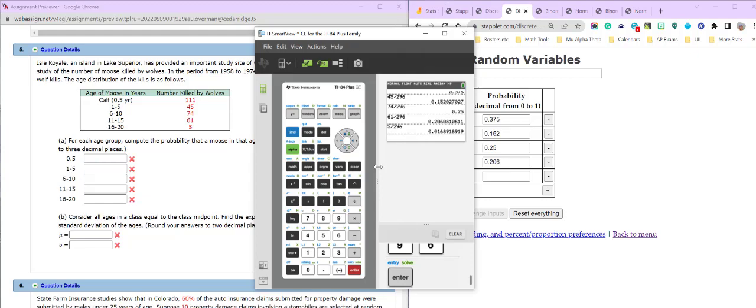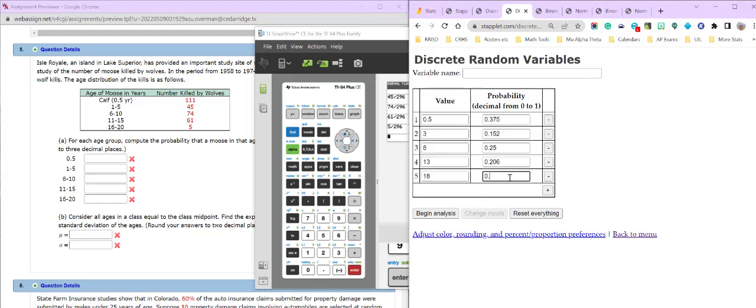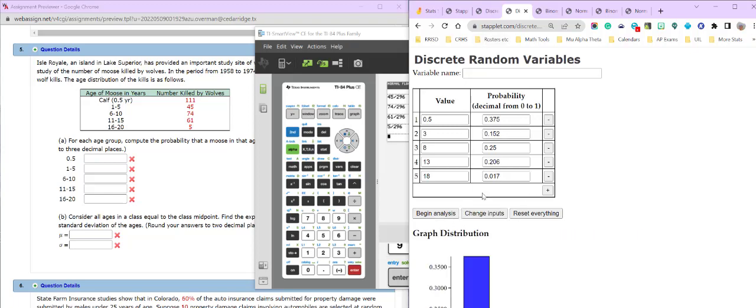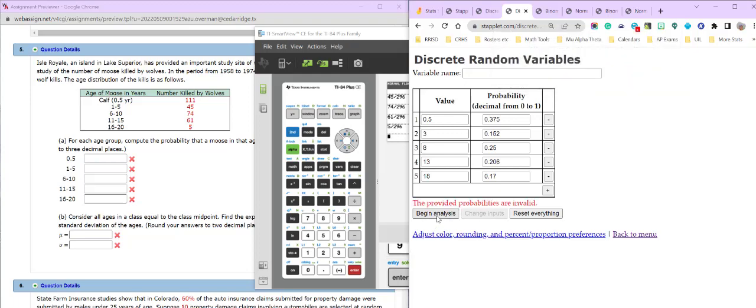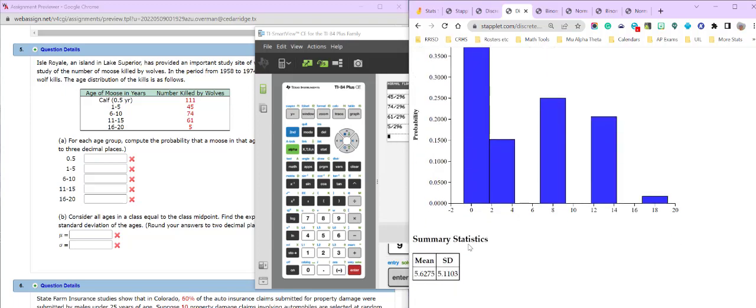And, oh, what was that? 0.017. Hopefully that works. Yes, so they all added up, so we're good. If I had been off on one of these, let's say I accidentally did 0.17 instead, it's going to say there's some problem because they don't add up to 1. So make sure you double check that it adds up to 1.